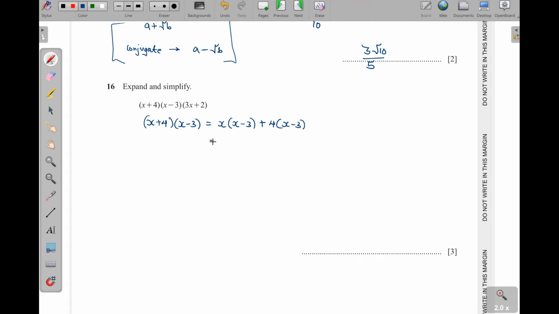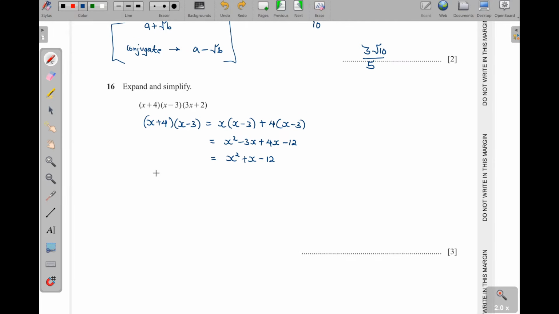You see that? So meaning we shall get x squared minus 3x, then plus 4x, then minus 12. And then simplified, this one will be x squared, then plus x, and then minus 12. Because this is positive 4 minus 3, so you get a positive 1, right?